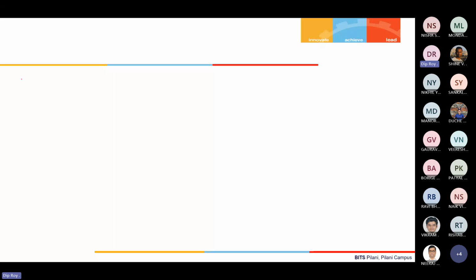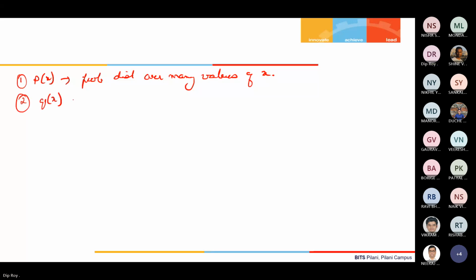We have P of X. P of X is nothing but a probability distribution over many values of X. The second component that we have is Q of y. Q of y is a probability distribution over many values of y.